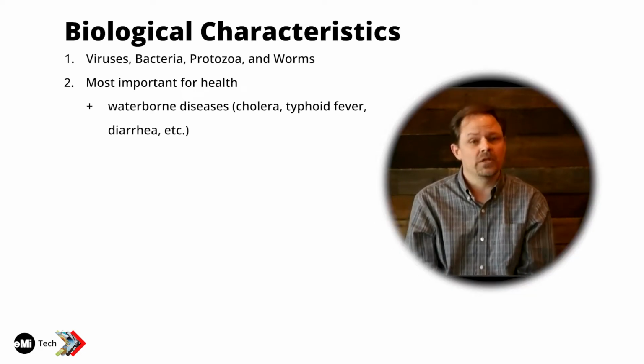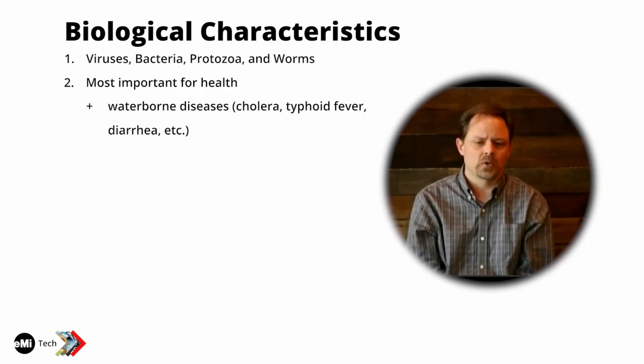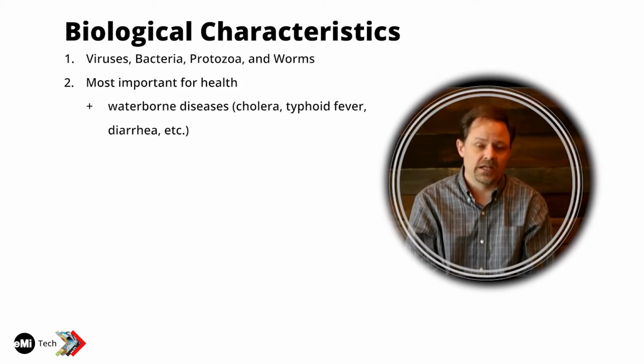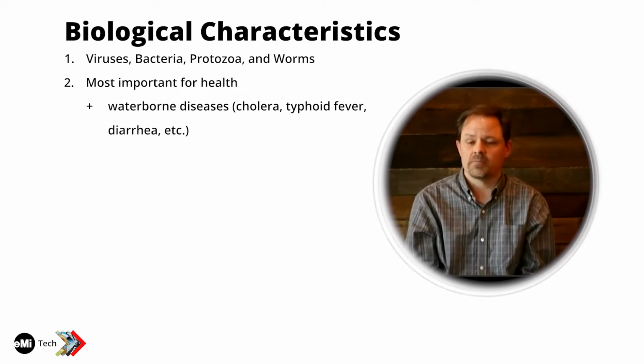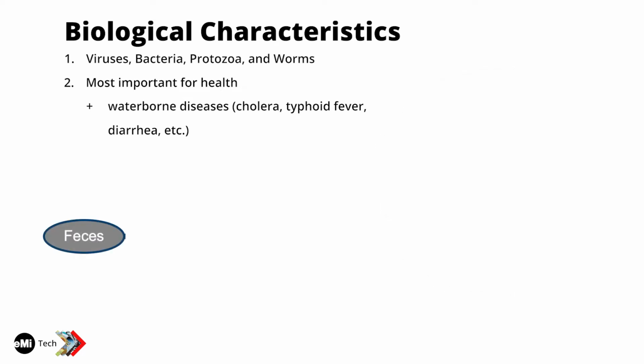If you're not familiar with biological water quality and these waterborne diseases, an important thing to understand is that you ultimately get these diseases by consuming water that's contaminated, at least microscopically, with feces. So when somebody has one of these pathogens in the body, they exit the body through the wastes.